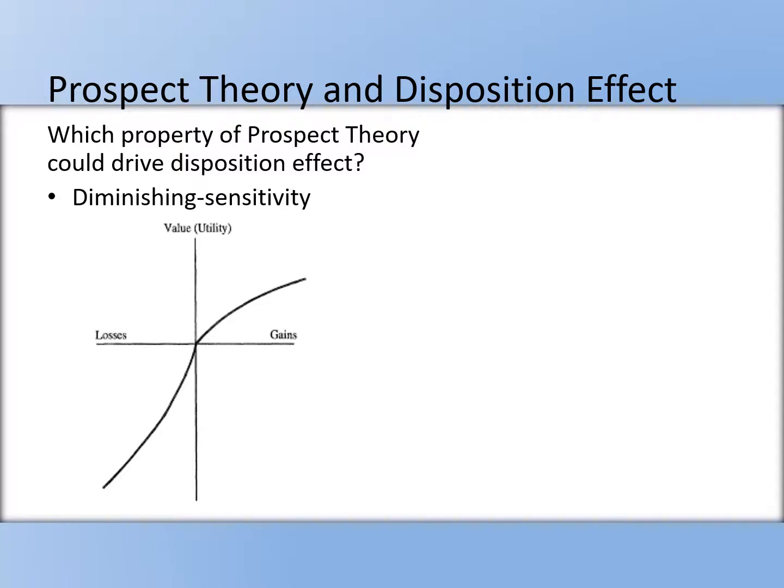Okay. If you look at this diagram, what would be a very easy explanation for people selling their stocks after the stock appreciates in value and keeping the stocks after the stock has depreciated?